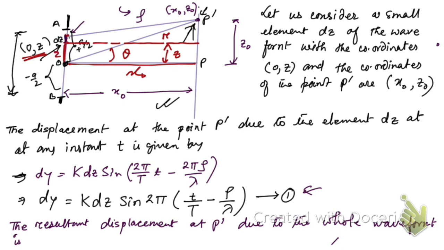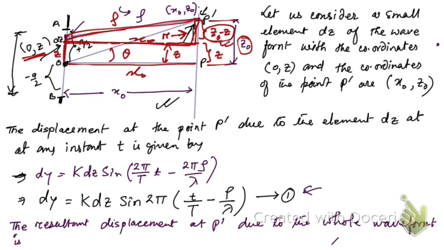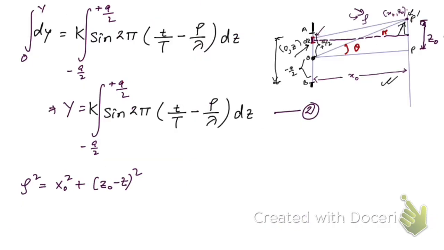So this portion must be z naught minus z, because the distance from P to P dash is z naught, and this portion is z. So this remaining portion must be z naught minus z, right? From this triangle, this is rho, the hypotenuse, this is x naught, and the perpendicular is z minus z naught. So using the Pythagoras theorem, we have got this equation, right? Hope you have understood this.